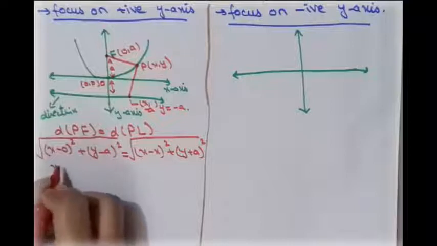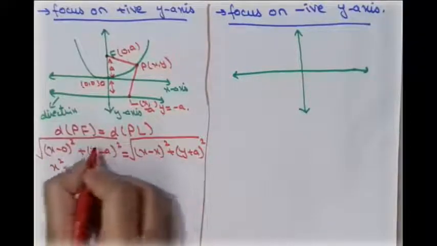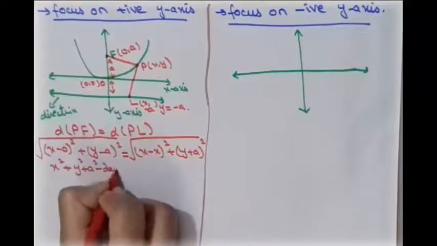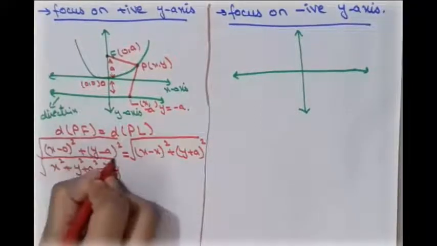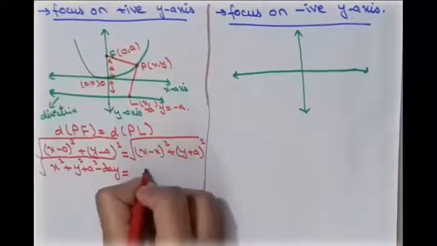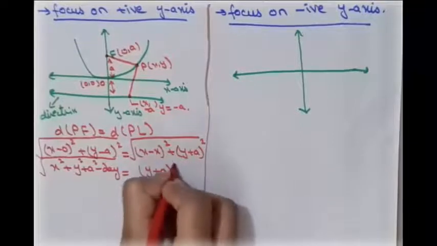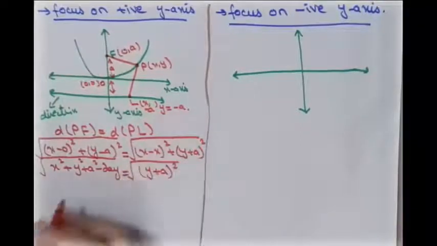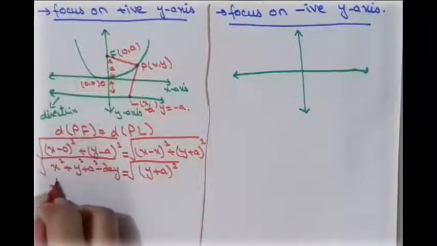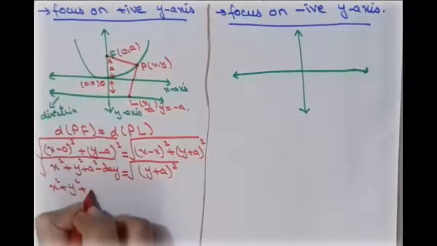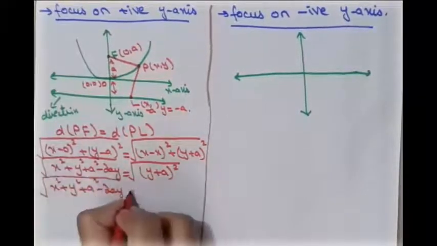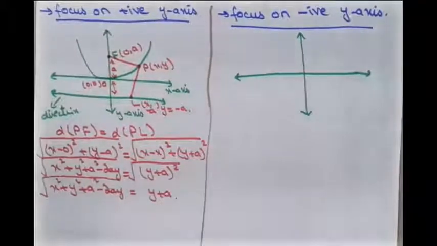Now if we open the square, it will be x squared plus y squared plus a squared minus 2ay, under the root. The x minus x factor is 0, and we are left with the factor (y plus a) squared under the root sign. So the root signs can cancel out, and we are left with x squared plus y squared plus a squared minus 2ay equals y plus a.